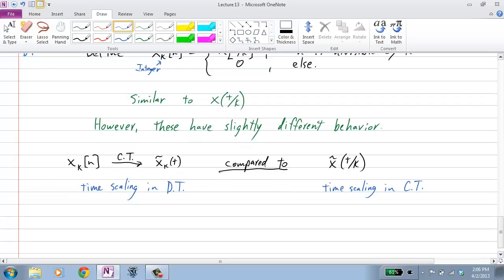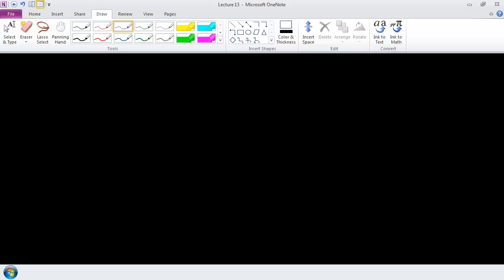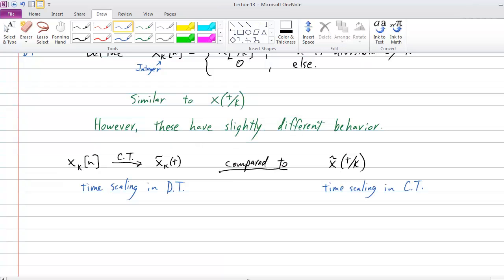Bulb went out? I hope not. Yeah, actually, the bulb did go out because it's just completely off. Okay, that's too bad.